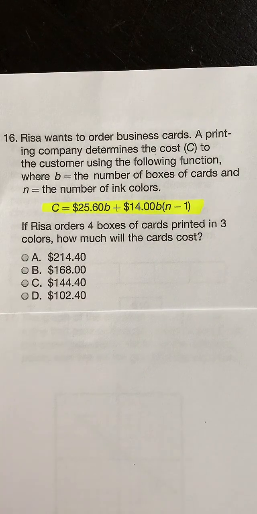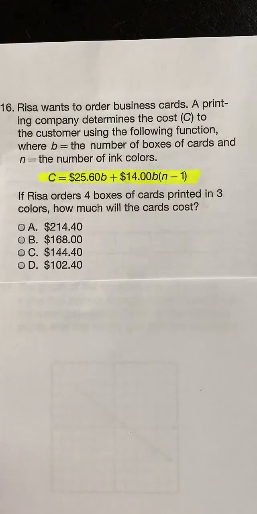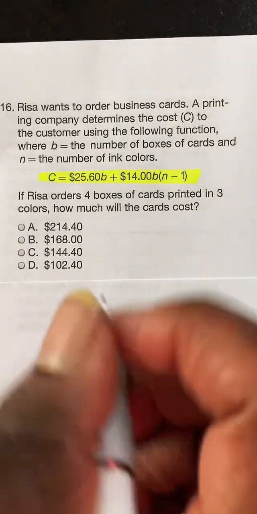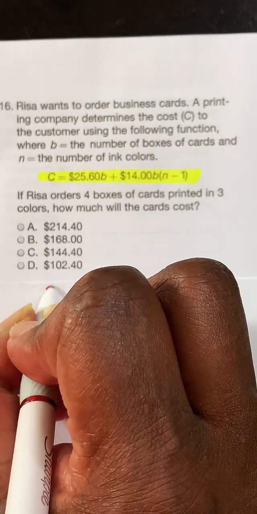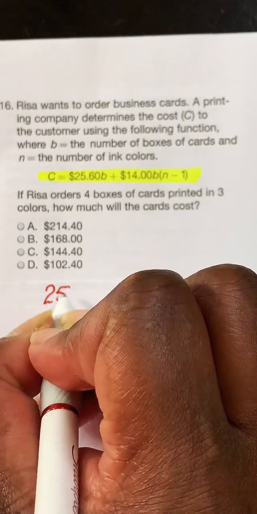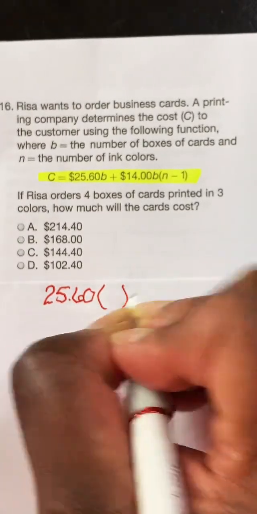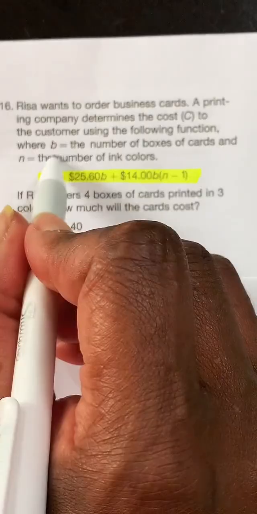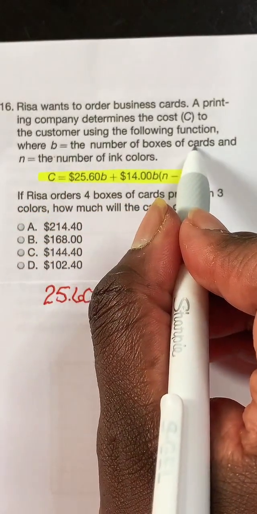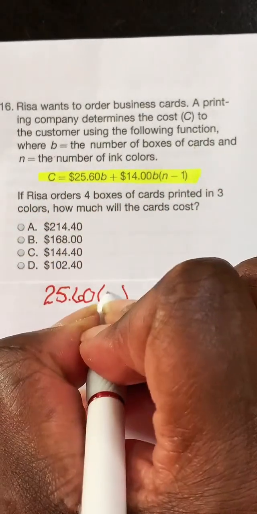All right. So we have to plug in. Yes, we can definitely do the plugging in. I'm just going to use my paper for a sec down here. I think you guys can see. So since we have our $25.60 times our B, and remember, our B is going to be the number of boxes. How many boxes? 4.